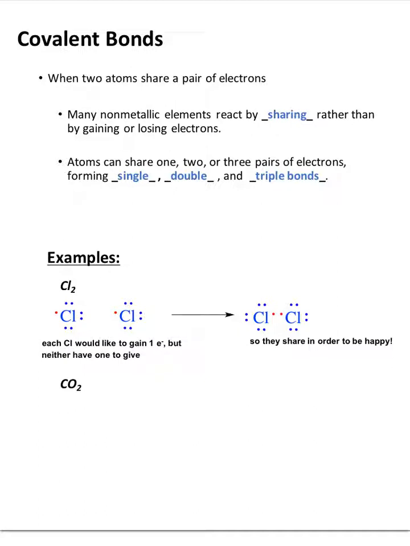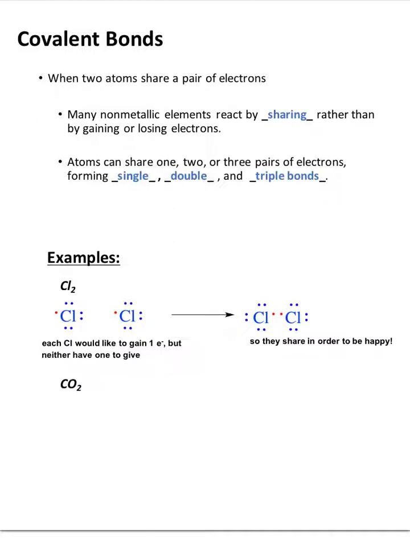And when this happens and we share electrons, depending upon how many electron pairs we share, we form single, double, or triple bonds. So if we look at the example down at the bottom, where we have Cl2, we have 2 chlorine atoms coming together to form a bond. What we know about chlorine, based upon the valence electrons, is that each chlorine has 7 valence electrons, so it has room to gain 1 electron.